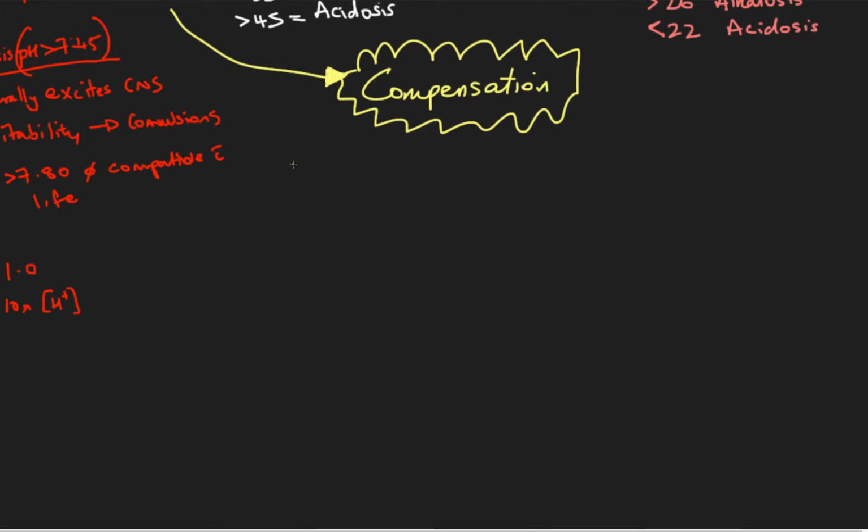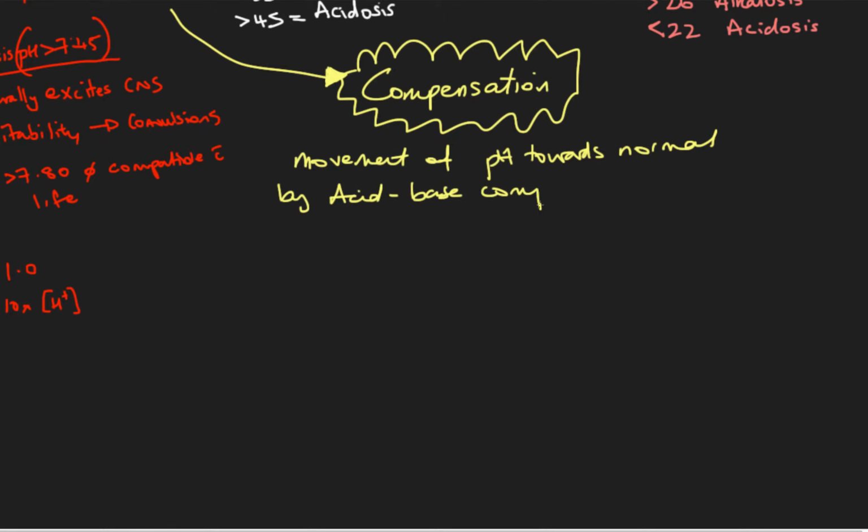Compensation is really the movement of a pH towards normal by the acid-base component not primarily affected.